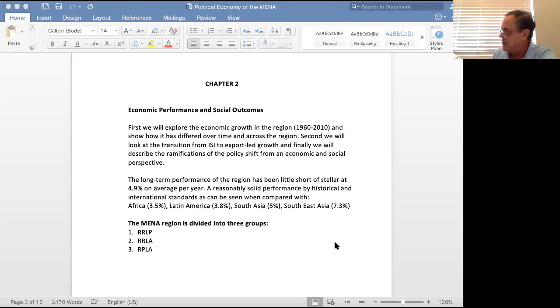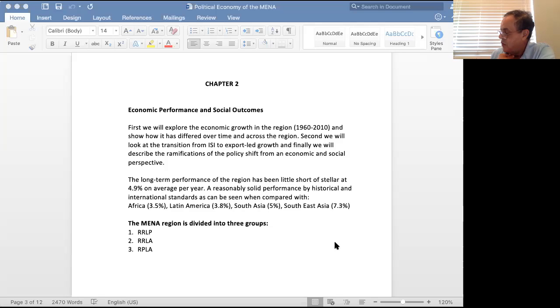Now, I tend to disagree with the author, but nevertheless, we're going to go with whatever the author has here for now, in terms of including Syria and Yemen under resource-rich, labor-abundant. I think those really belong to the other category, but anyway. So we have 1, 2, 3, 4, 5, 6 countries in the resource-rich, labor-abundant.